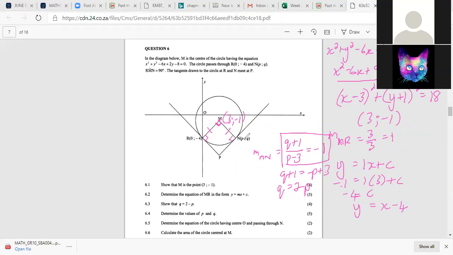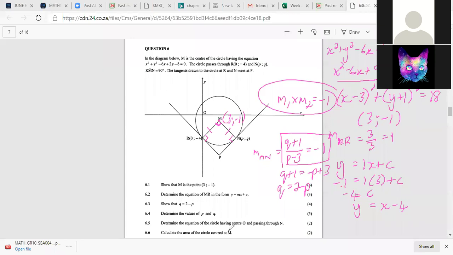And when we work that gradient out, that's what we get. And do you have to state a reason, or can you just plug it in? You can just write that, but remember the formal definition is M1 times M2 equals -1. So you can just mention that. Okay, thank you.